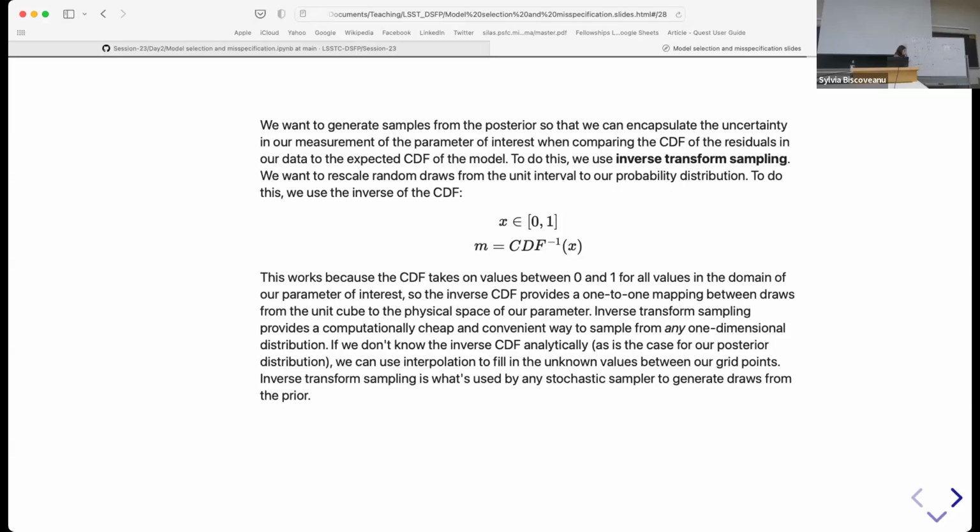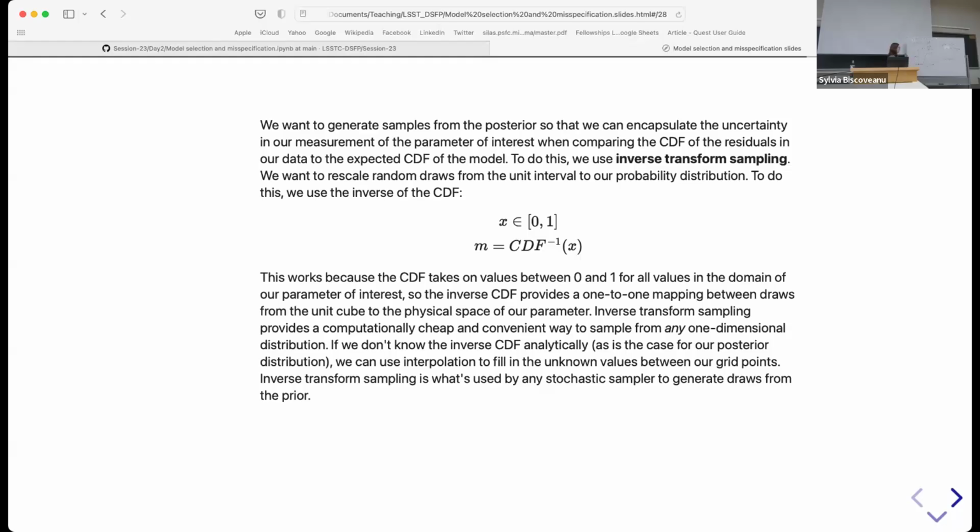And so this means that we can calculate what value of the parameter corresponds to a specific CDF value by passing it through the inverse of the CDF, which, as we said yesterday, is the PPF, the percentage point function.